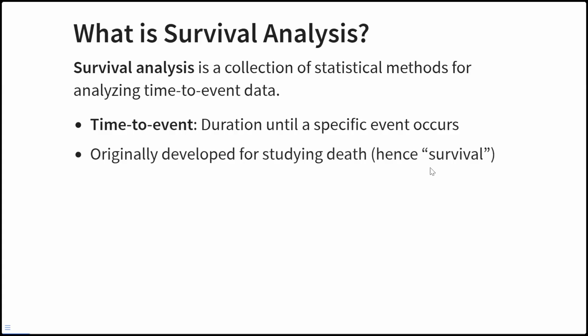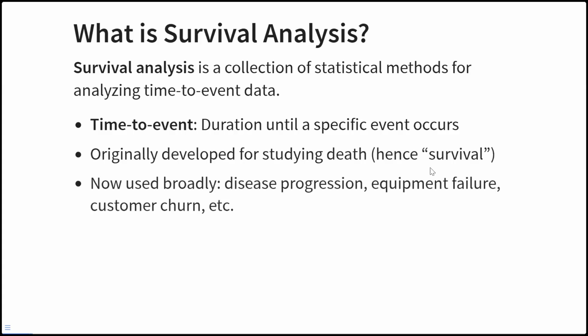It was usually developed for studying death and survival, but it's already been used in various areas of life. For example, manufacturing companies usually call it time to failure, such as equipment failure, when they're testing new equipment. Let me give this example: a battery. A company produces a new battery, and you measure the time until that battery dies completely, or the cells in the battery are no longer useful.